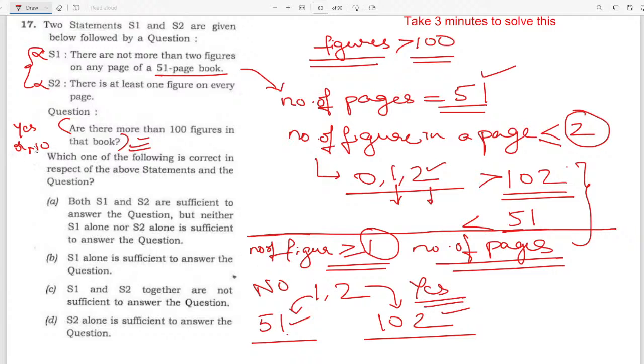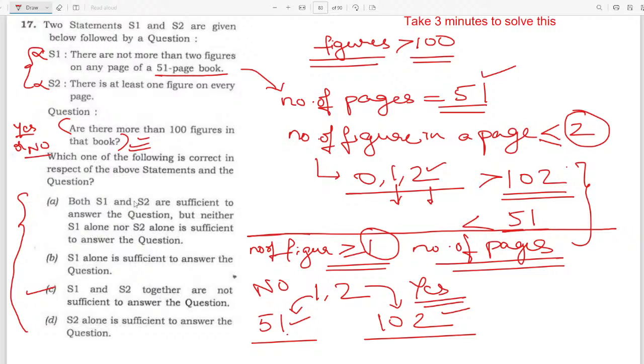And we need to get only one answer, whether that is yes or no. Clearly, with the information given by both the statements together also, it is insufficient to get a confirmed answer. So clearly the option is C, S1 and S2 together are not sufficient. And remember one thing, the options that they give here are not standard options. You have to read them properly.